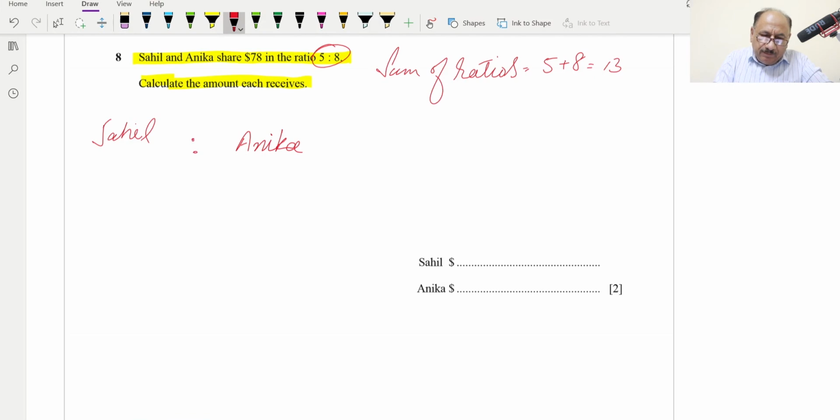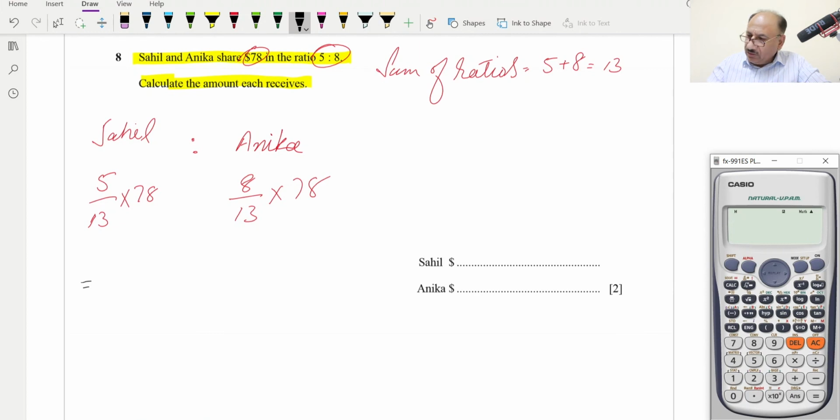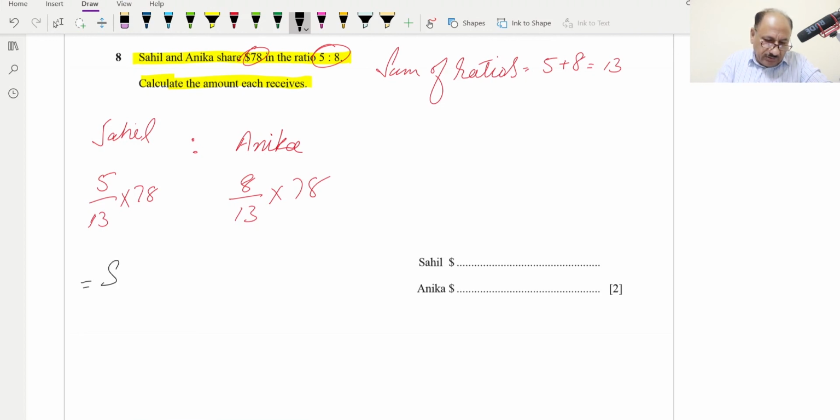Sahil's ratio is 5, so 5 out of 13 multiplied by the sum, which is 78, the total amount. And for Anika we will be taking 8, because her share is 8 out of 13 multiplied by the total, which is 78. If we calculate this with the help of a calculator, 5 divided by 13 multiplied by 78 is equal to $30.